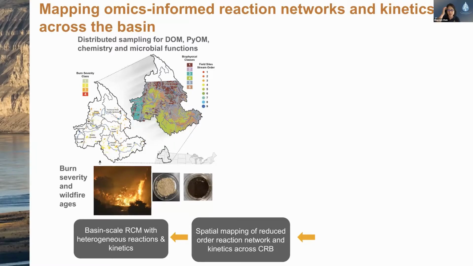We collect through the system, and how can we use that information to inform our basin scale river corridor models? What this can impact is really the reaction mechanisms we can map across the basin scale. And then what we need to do is connect from that distributed sampling to a distributed mapping of the reaction network and the kinetics across the entire Columbia River Basin.